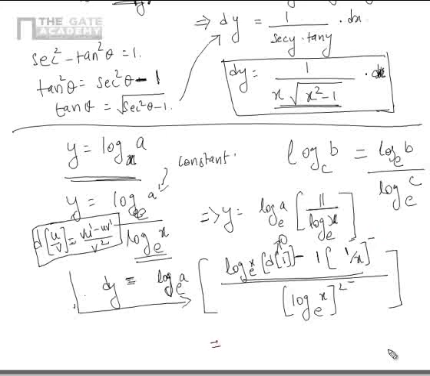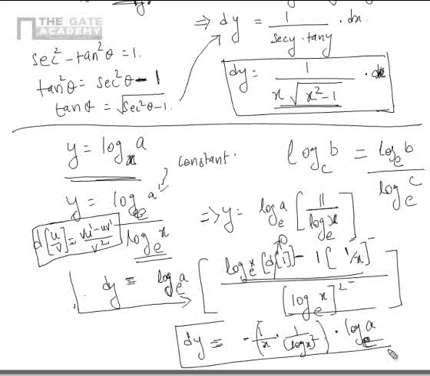So finally on simplification this whole part will become 0, so we will get minus 1 by x into 1 by log x the whole square. This is very important. And this whole term has a constant outside, that is log a to the base e. So this is the dy. This is the answer. This can be further simplified. The algebraic simplification can be done, but we stop here for the sake of the answer.